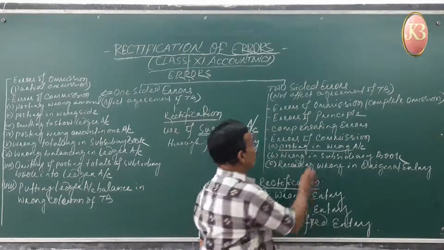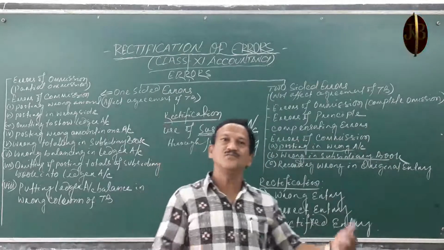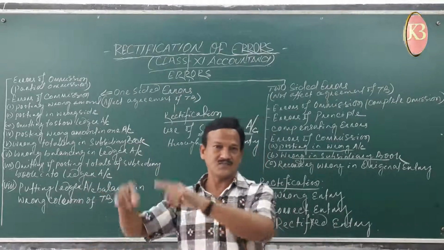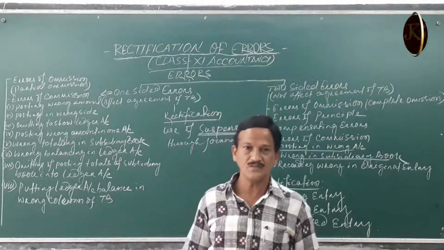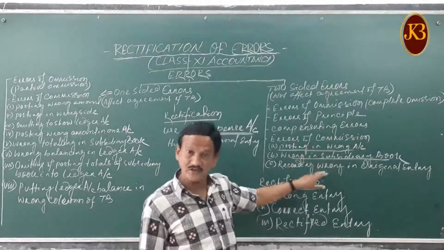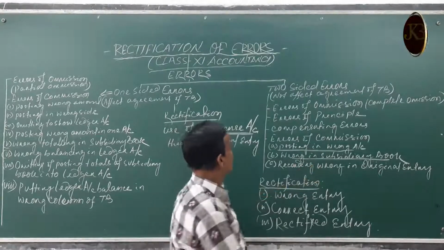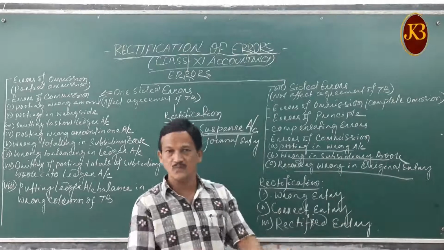Then a wrong entry in a subsidiary book. For example, purchase of goods entered in the sales book. That is a mistake in the subsidiary book. This does not affect the agreement of your trial balance, but there is a mistake. Then recording wrongly in the original entry, that is, in the journal book.